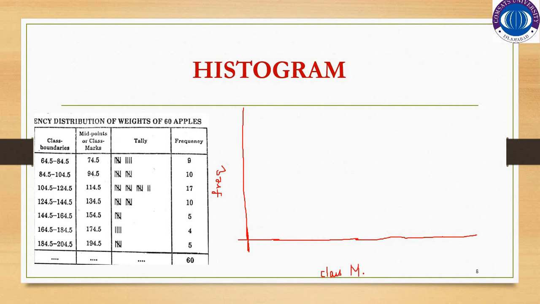Here we will take the midpoint of the class, or class mark. Now we will set the scale. For the frequency, the minimum frequency is 4 and the maximum frequency is 17. So this is the starting point 0.